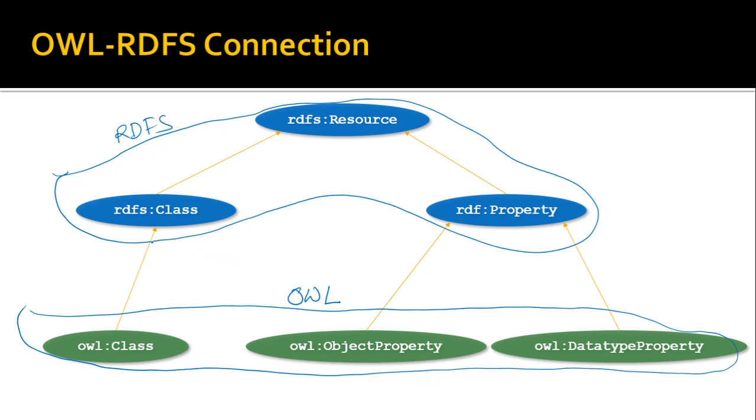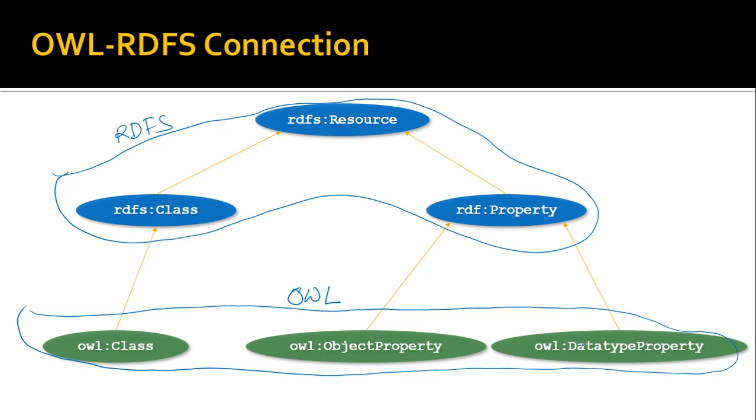You can see that there is a very clear connection between OWL class and RDFS class. This OWL class is a subclass of RDFS class. Object property is a subclass of RDF property.